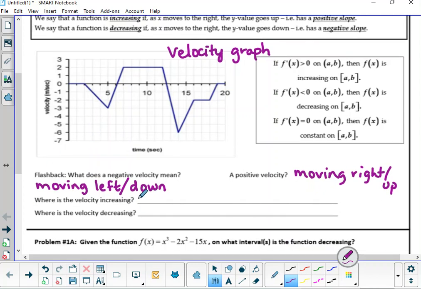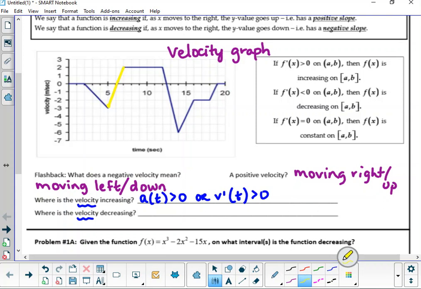So where is my velocity going to be increasing? Velocity, not speed, velocity is increasing anytime my acceleration is positive, or another way to say that is anywhere the derivative of the velocity is positive. And so looking at this graph, I'm going to mark these with some yellow.